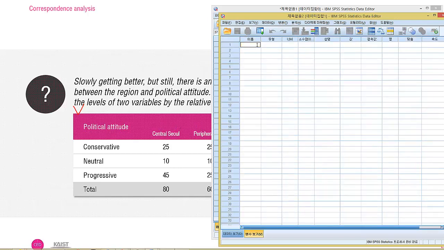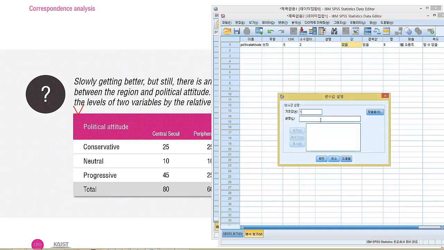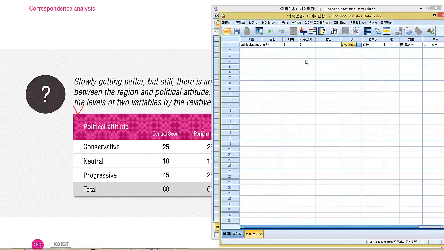So the first variable will be political attitude, and 1 for conservative, 2 for neutral, 3 for progressive. And we don't need decimal points because they are different categories.